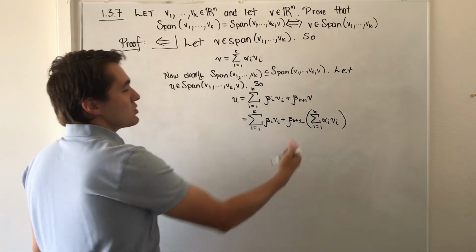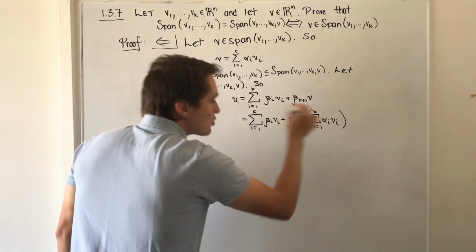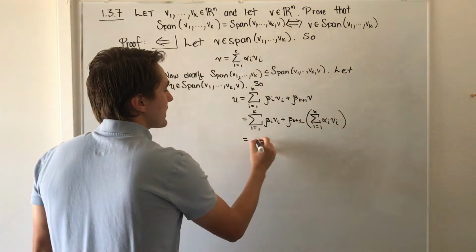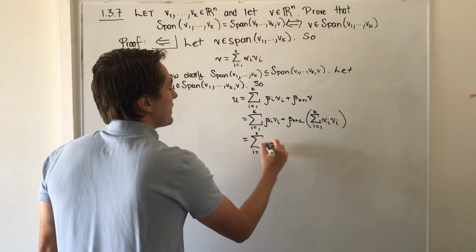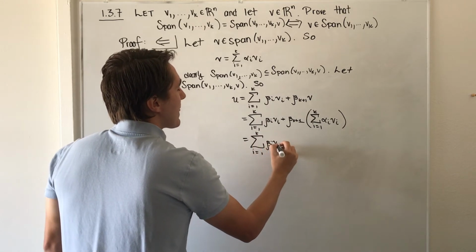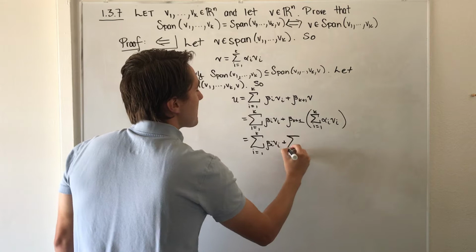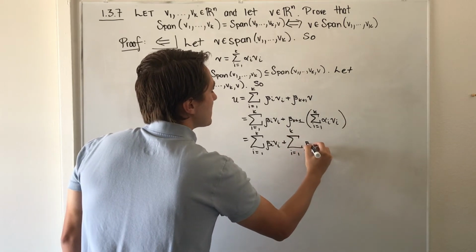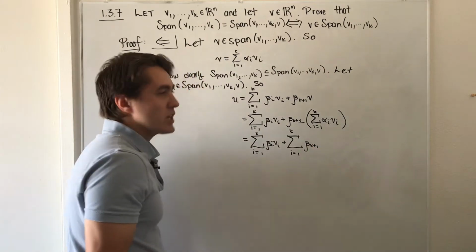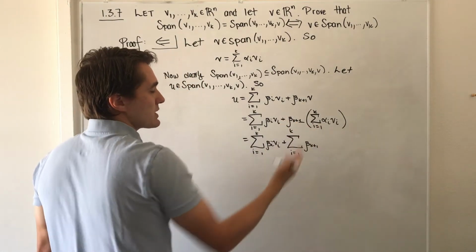So here's what I'll do. I'll distribute that beta into the sum. I get the sum from i equals 1 to k of beta sub i Vi, plus the sum from i equals 1 to k of beta sub k plus 1 times alpha i Vi. Now beta k plus 1 is not changing; it's like a constant with respect to this sum.